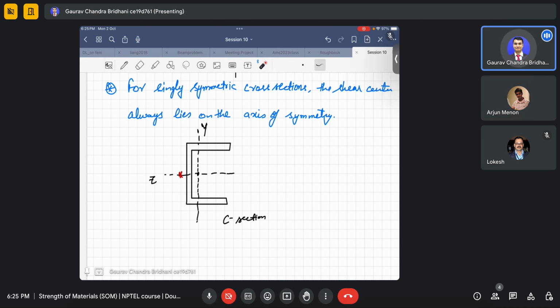Just as the professor had done with a little protrusion where he put a load, in the case of the angle section, the shear center lies here, as he had mentioned in the lecture. This is the shear center.